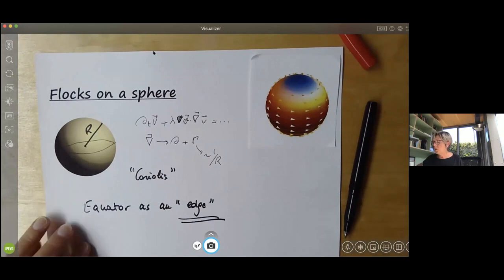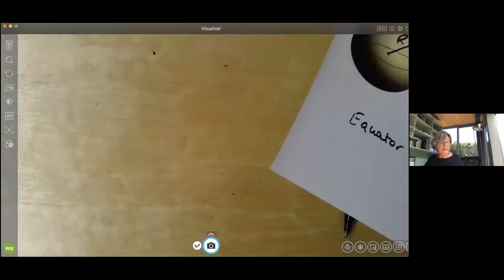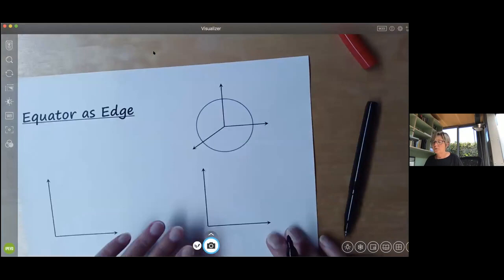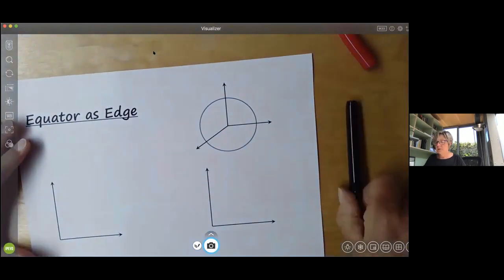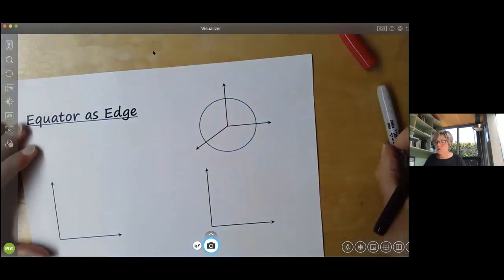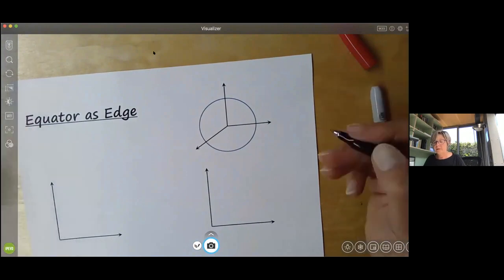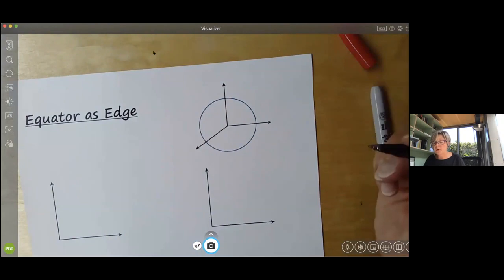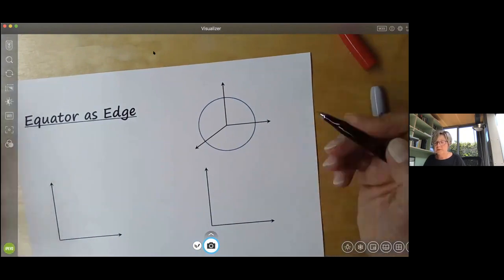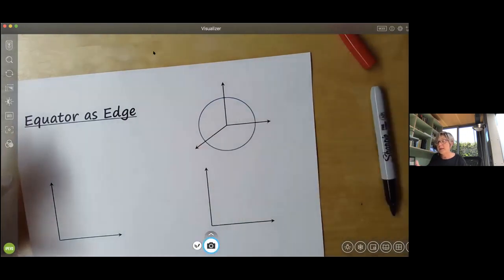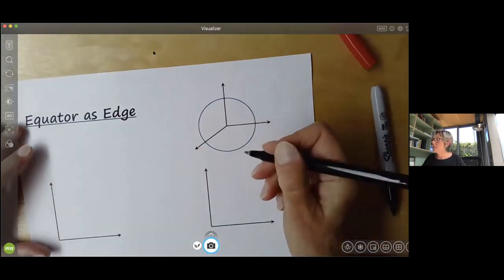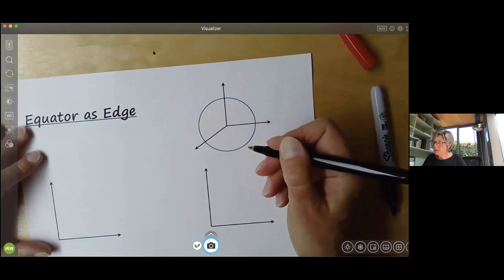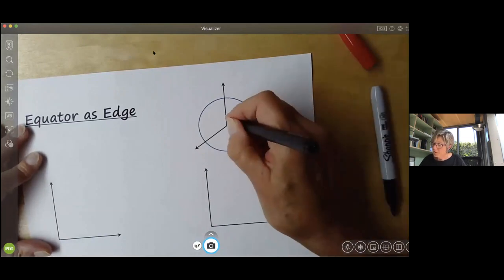And so if you calculate the dispersion relation for these sound waves on the surface of the sphere, by taking these Navier-Stokes type equations and linearizing them about the steady state, this band of flocking particles around the sphere, what you find is the following. So here is my sphere.